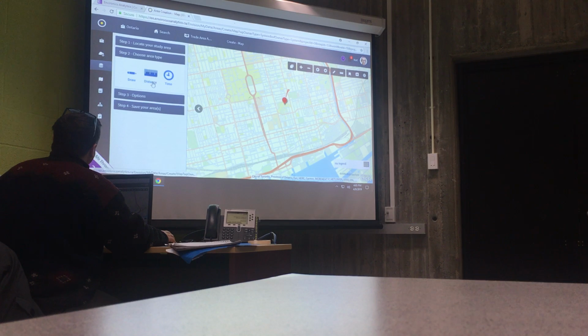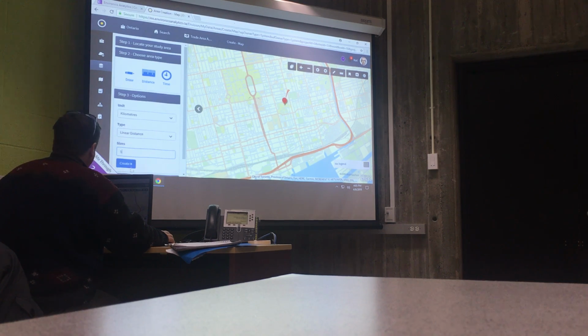You can choose an area type, you can draw a distance around here, kilometers, 5 kilometers, and you create.